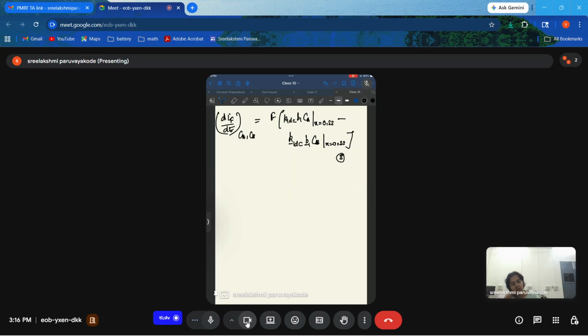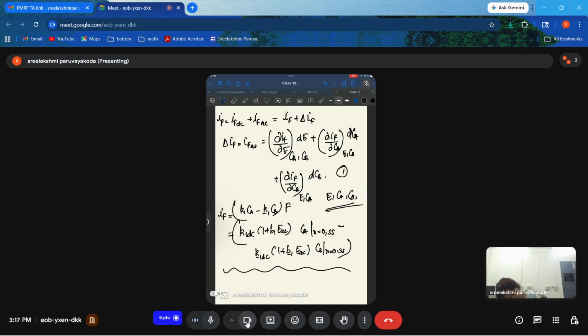Now the next equation is the differentiation of IF with respect to the concentration of reactant and product. So I'm differentiating it. Only the first term will come, K1 DC into 1 plus B1 EAC. EAC is already constant, so that term will stay.